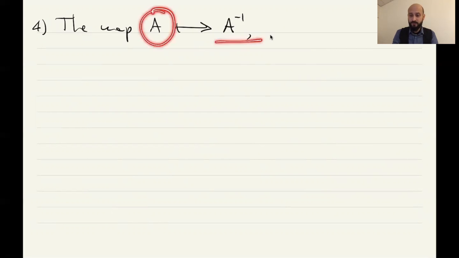Now let's go to the inverse. The map that to every A associates the inverse matrix A^{-1}: let's pay attention, because not all matrices are invertible.